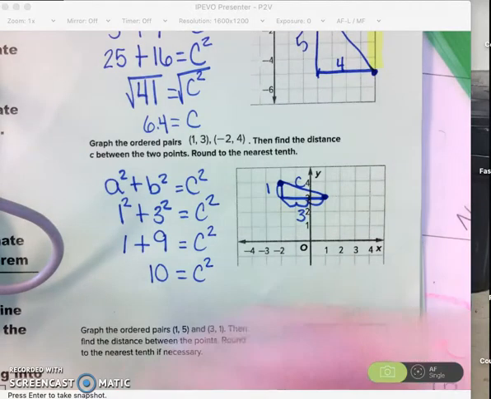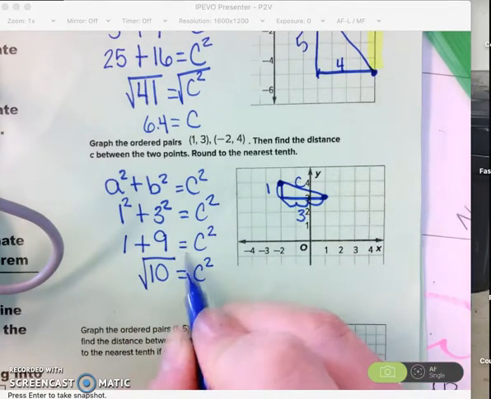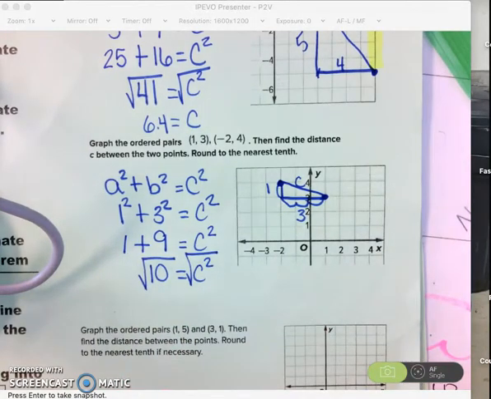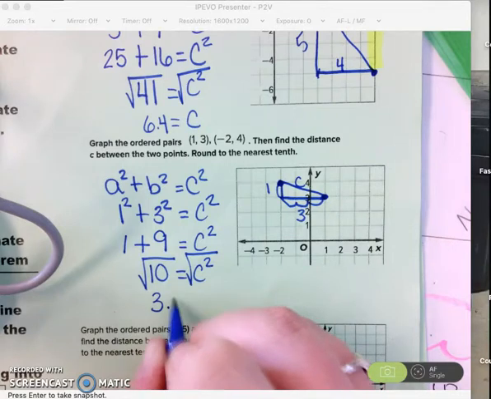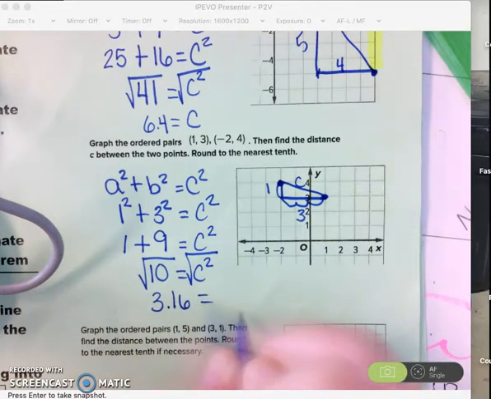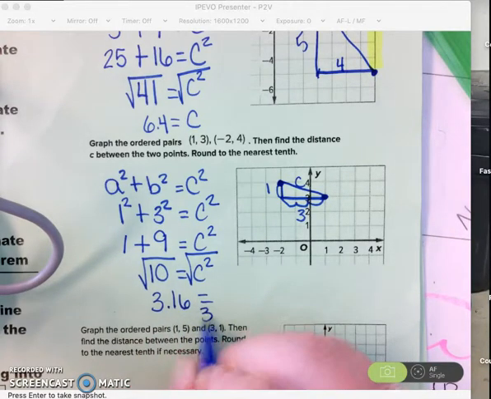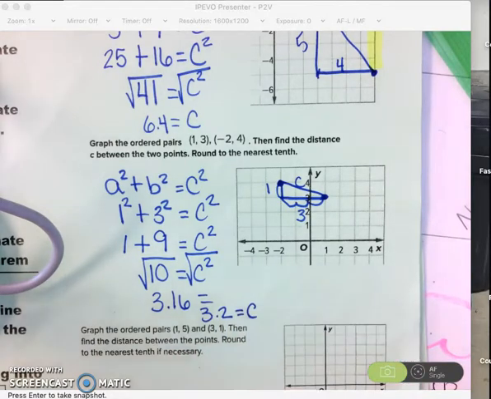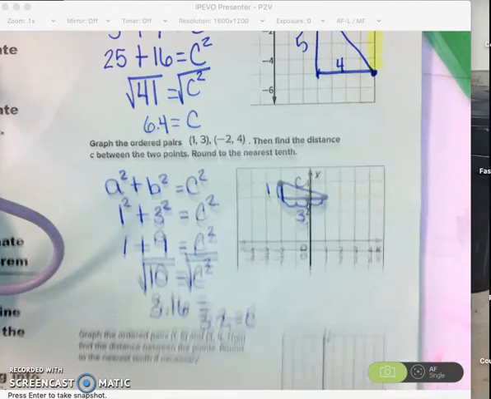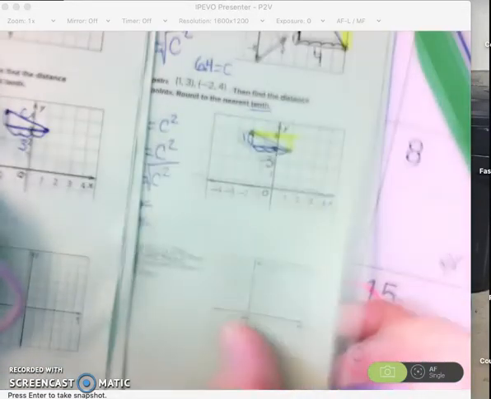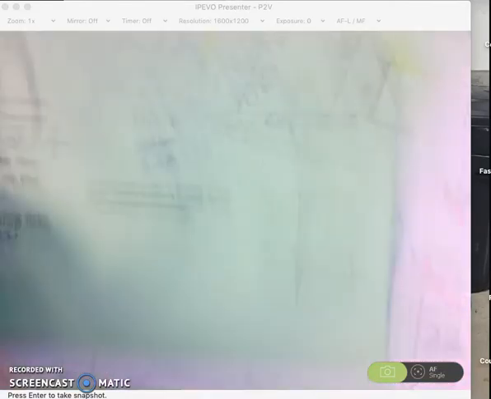Calculator man? Square root both sides. 3.16. We want to round it to 3.2. There you go, Anthony.